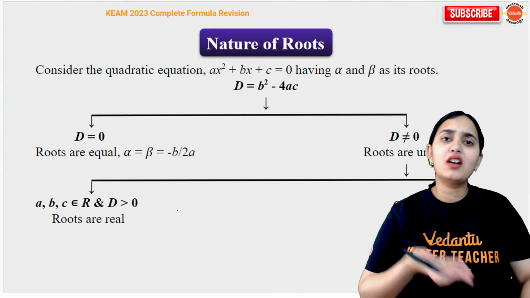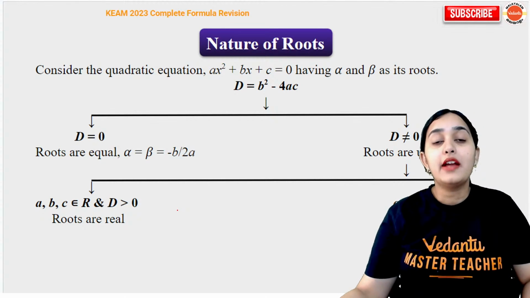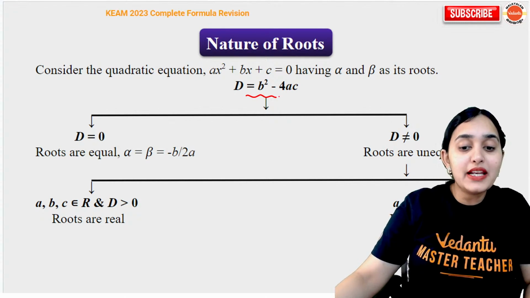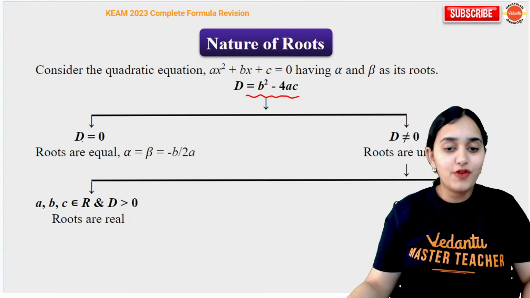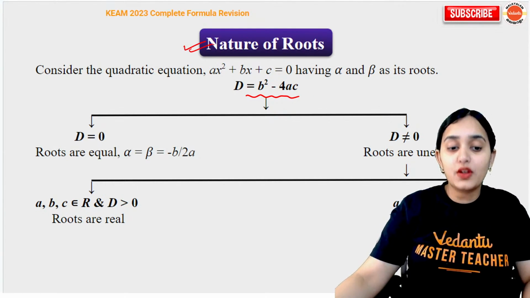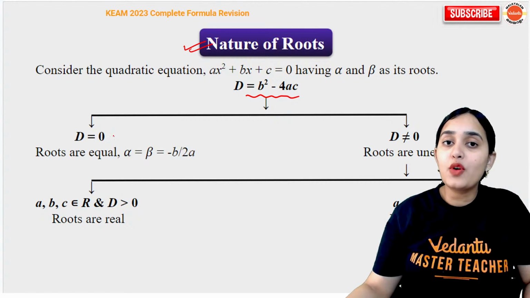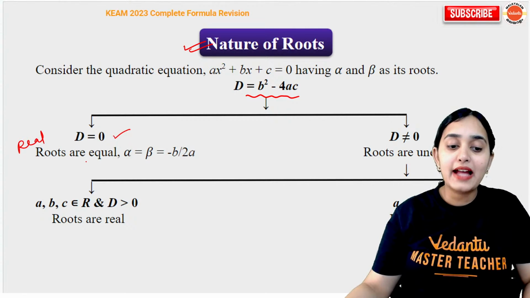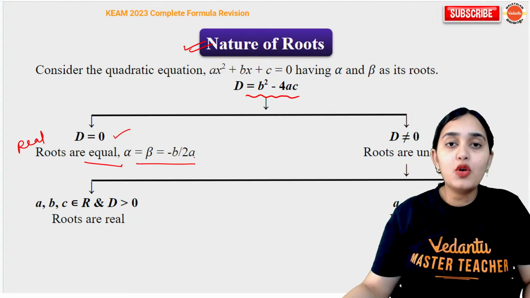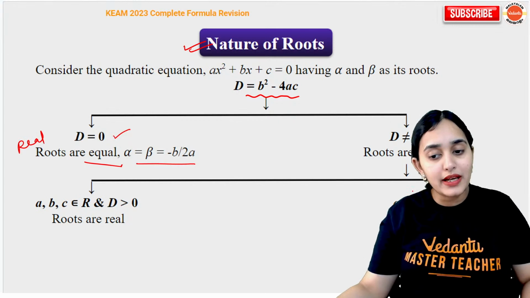If it is 0, it is not quadratic, of course. Now, with the help of the discriminant, which is inside the root, we have b square minus 4ac. We determine nature of the roots. If b square minus 4ac is 0, your roots are real and equal. So alpha beta both will be equal to minus b upon 2a.